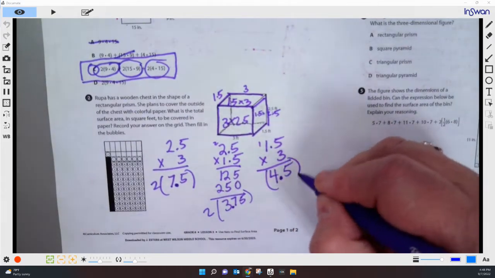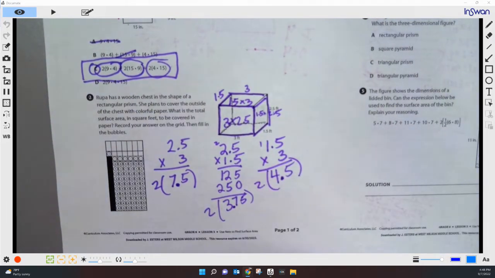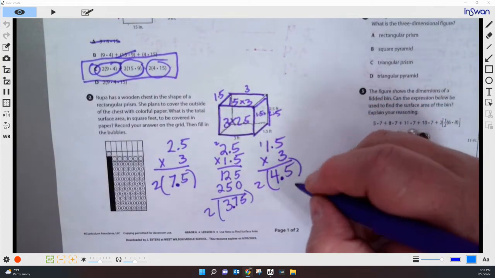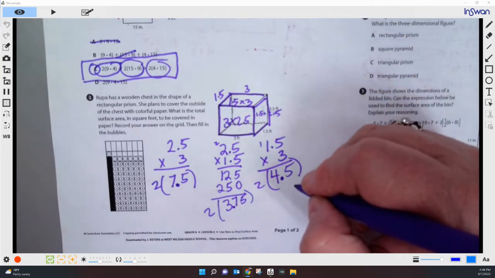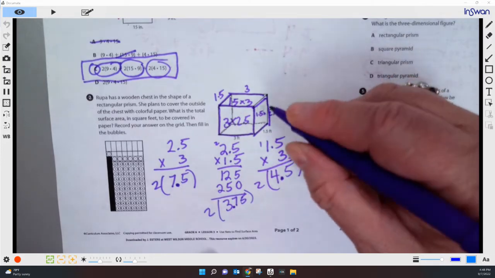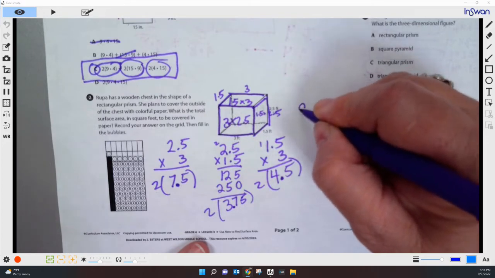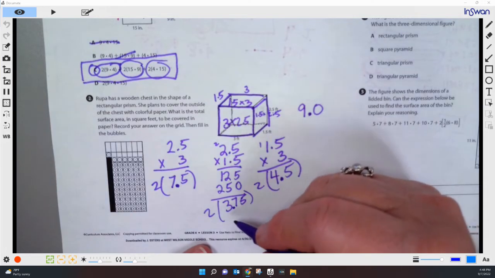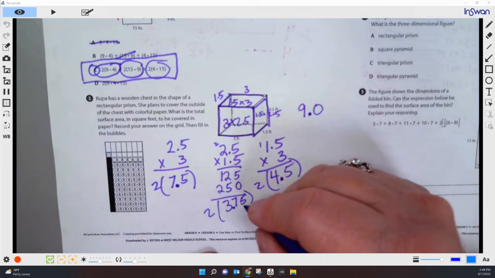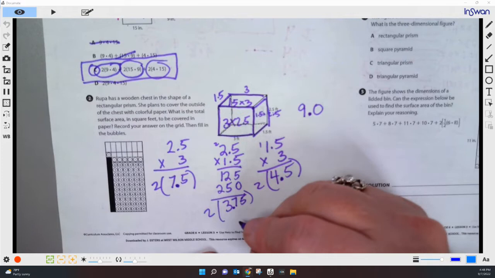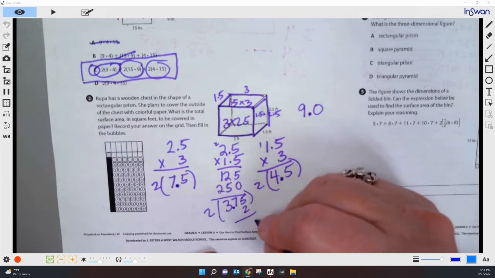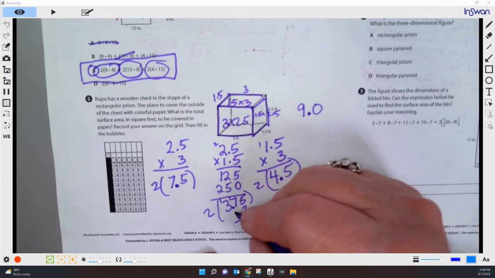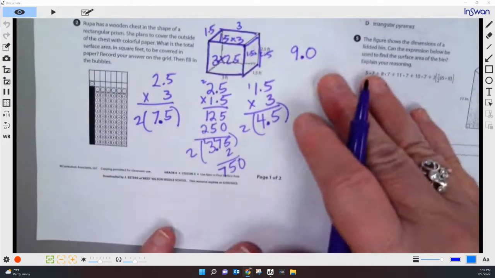Now, for each one of these, I got to multiply them by 2. 2 times 4.5. 5 plus 5 is 10. Carry the 1. 4 plus 4 is 8, and 1 is 9 with the decimal, so that's 9.0. 3.75 times 2. 2 times 5 is 10, carry the 1. 2 times 7 is 14, and 1 is 15, carry the 1. 2 times 3 is 6, and 1 is 7.